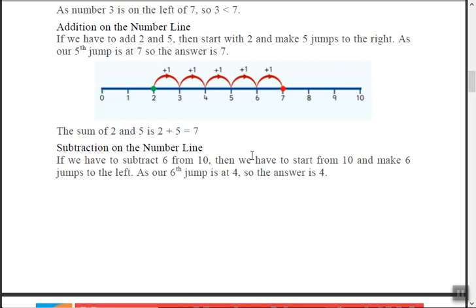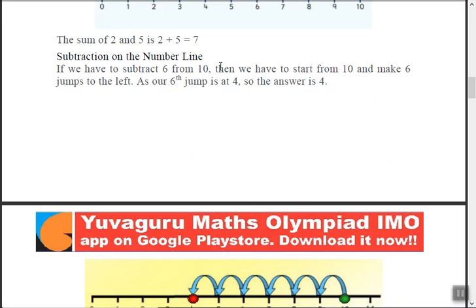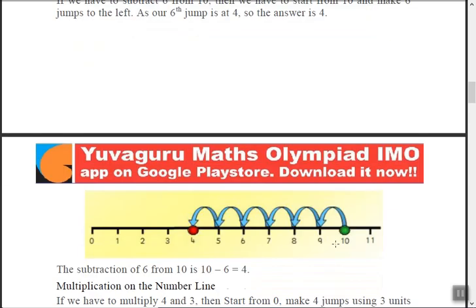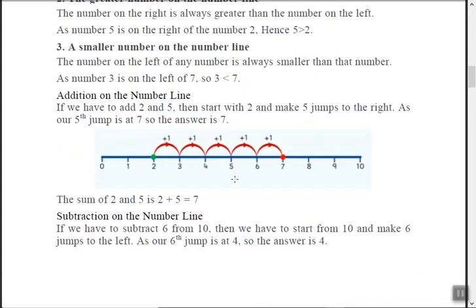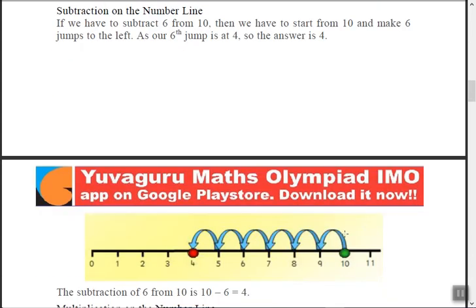Subtraction on the number line, similar way. Suppose I tell you to subtract 6 from 10, then what we do? We start with 10 and move 6 gaps towards the left. See here, the important part is, in addition you move towards the right. In subtraction you move towards the left.